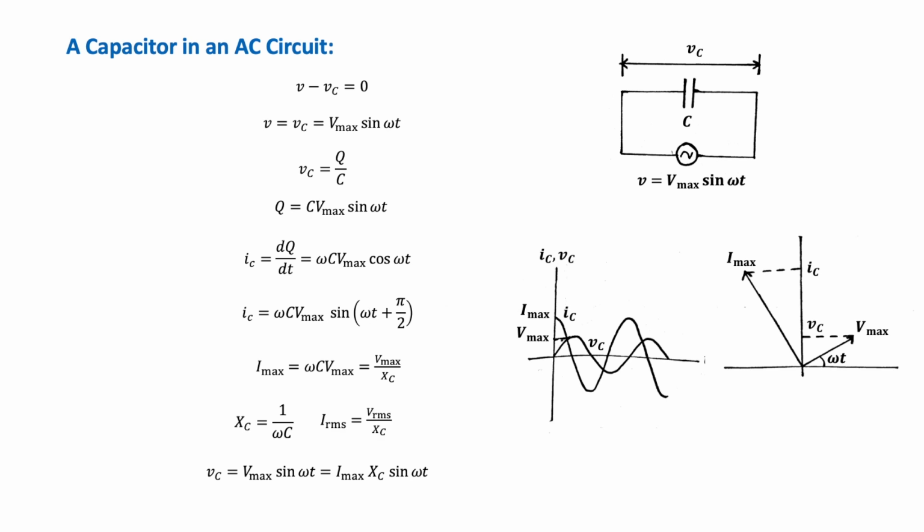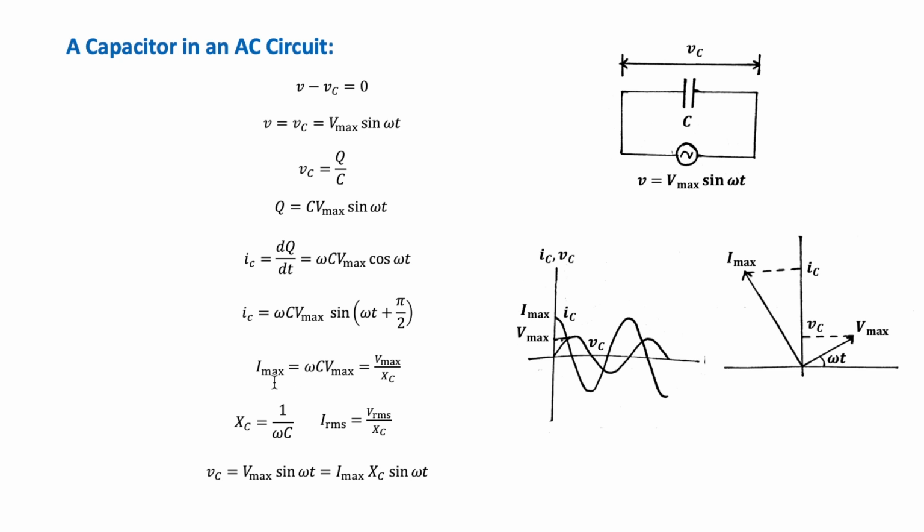And so the current is pi over 2 out of phase with the voltage across the capacitor. The current reaches its maximum value a quarter of a cycle sooner than the voltage, which means that the current leads the voltage across the capacitor by 90 degrees.